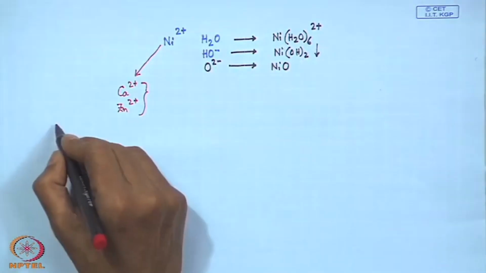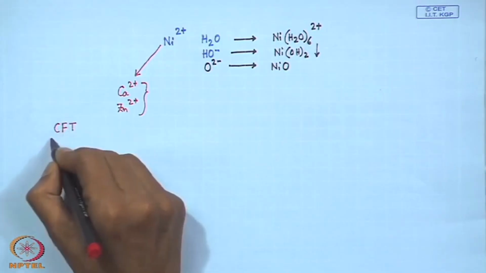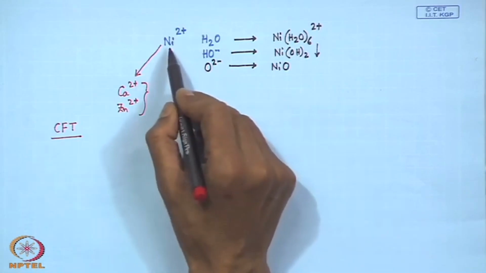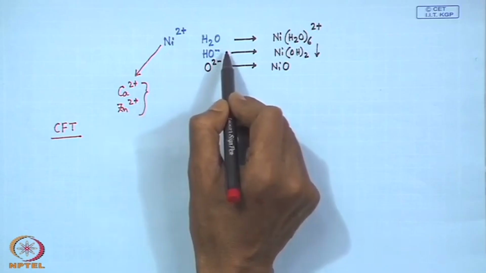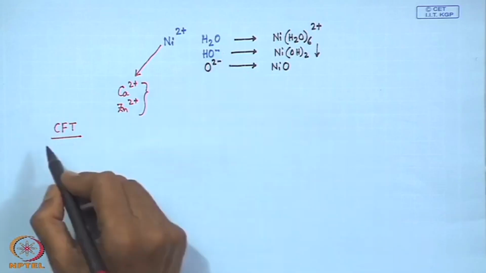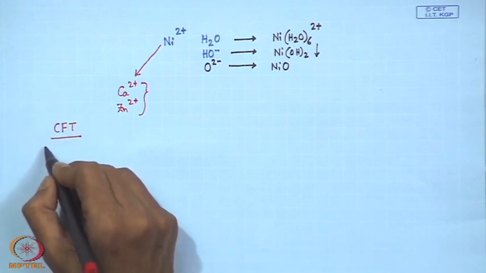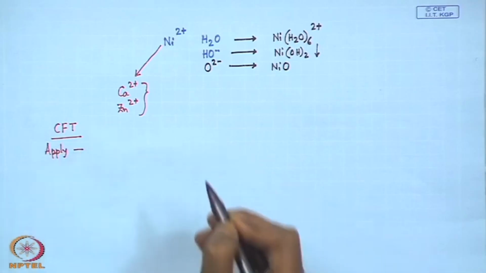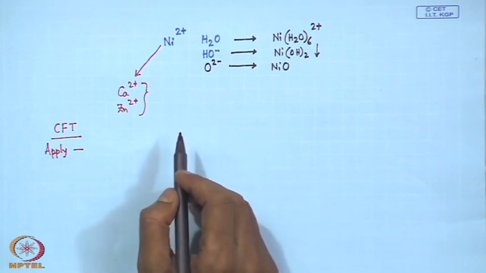So we will apply whatever we have learned so far related to the crystal field theory, where we are considering the metal center as a point charge, and the ligands are also point charges of negative magnitude or the negative end of the dipolar units which are interacting. So that particular aspect of this theory, how we can apply to some of our problems related to the interactions of these species or the formation of these species.